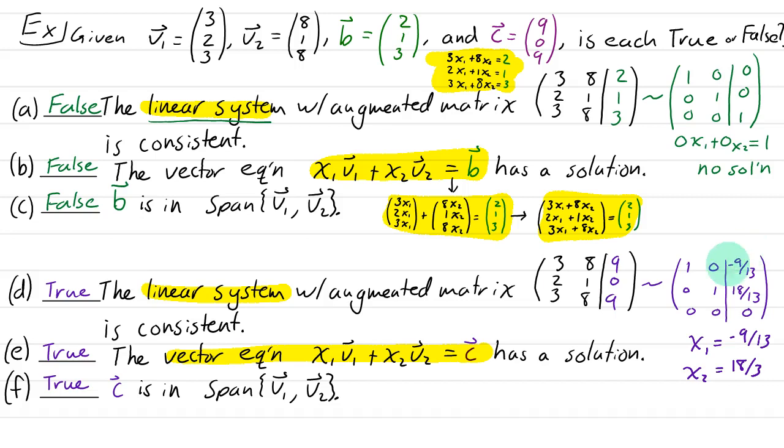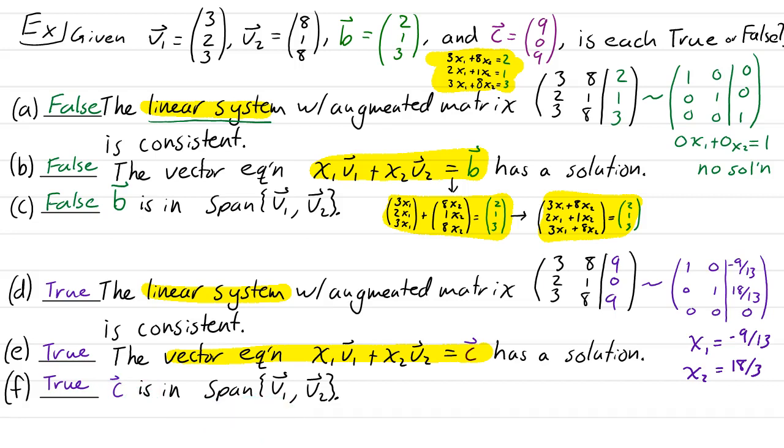And when you row reduce the augmented matrix, sure enough, you get a solution. So it is consistent because that's your solution. That's the same solution for x1 and x2 here. And because it's possible to write c as a linear combination of v1 and v2, it means that c is in the span of v1 and v2.